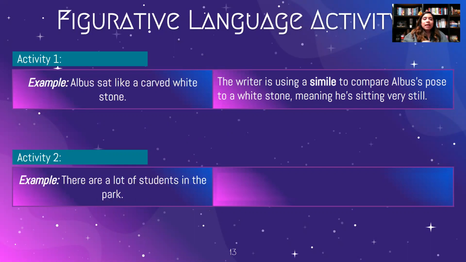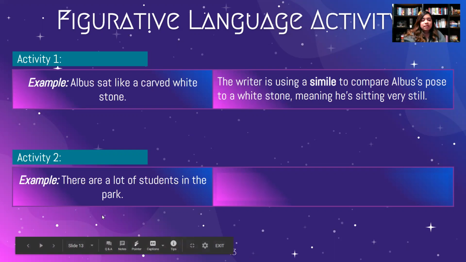And so it's saying that Albus is sitting very still. But instead of saying Albus sits very still, now they're comparing it. They're giving us a different kind of image. They're saying he sat like a carved white stone. So it's using figurative language to make the sentence sound better and stronger. And then you guys would finish off questions 1 through 6 using the word bank. And then you would go to activity 2.